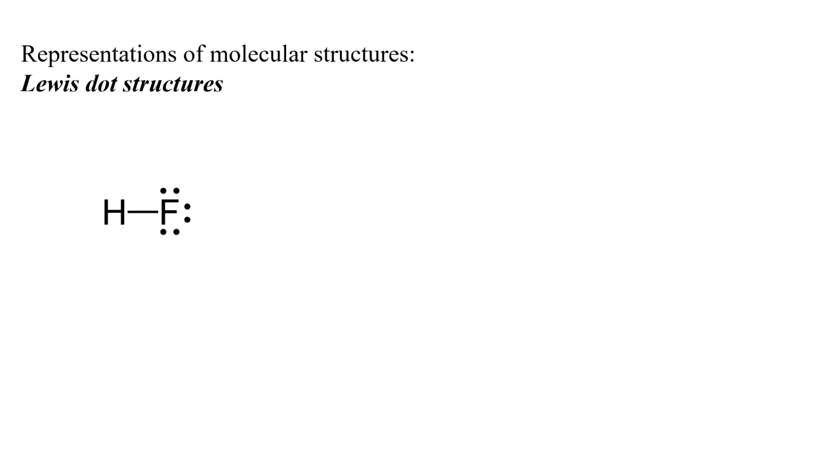Finally, we can look at carbon tetrafluoride. We'll look at this molecule later. This is a more complex structure. Carbon has 4 valence electrons. It needs 4 bonds to complete its octet, so carbon forms 4 bonds. Each fluorine atom has 7 valence electrons and needs 1 electron to complete its octet, so fluorine will form a single bond.